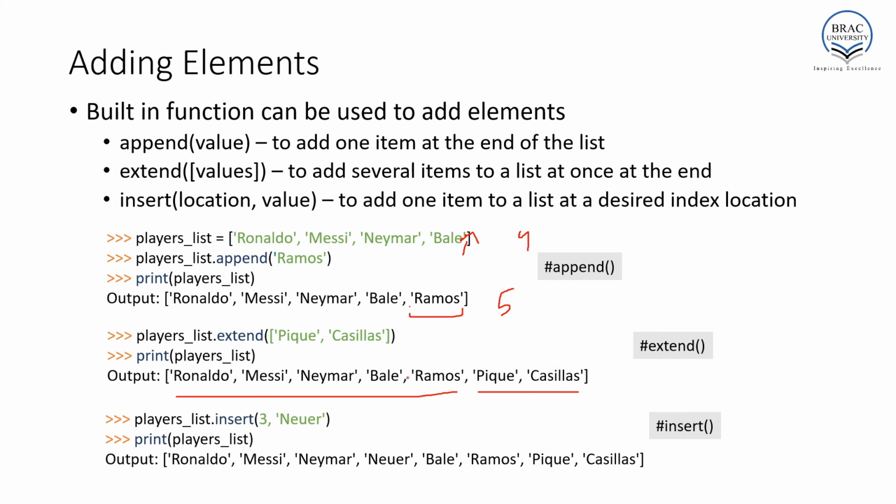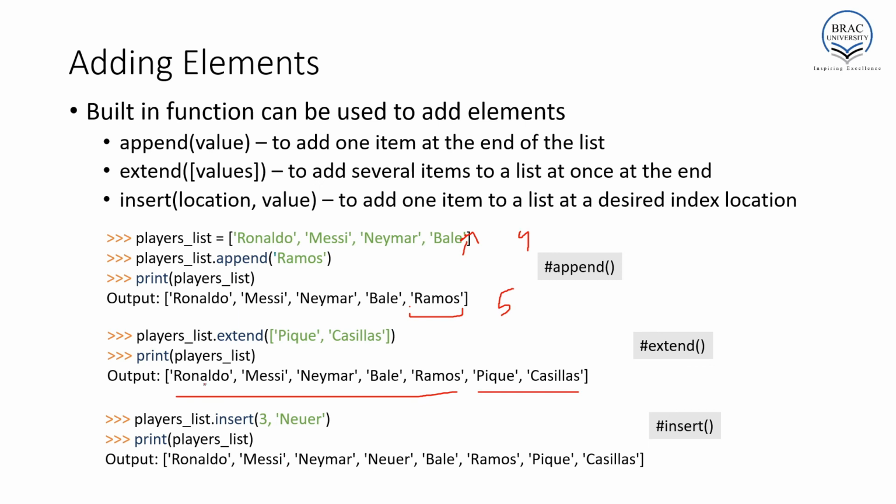Lastly, let's look at the insert function. The insert function is used to add one item to a list at a desired index location. So append and extend were used to add elements at the end of the list, but using the insert function, I can insert an element at my desired location. In this case, I want to add the element Neuer in the third index.